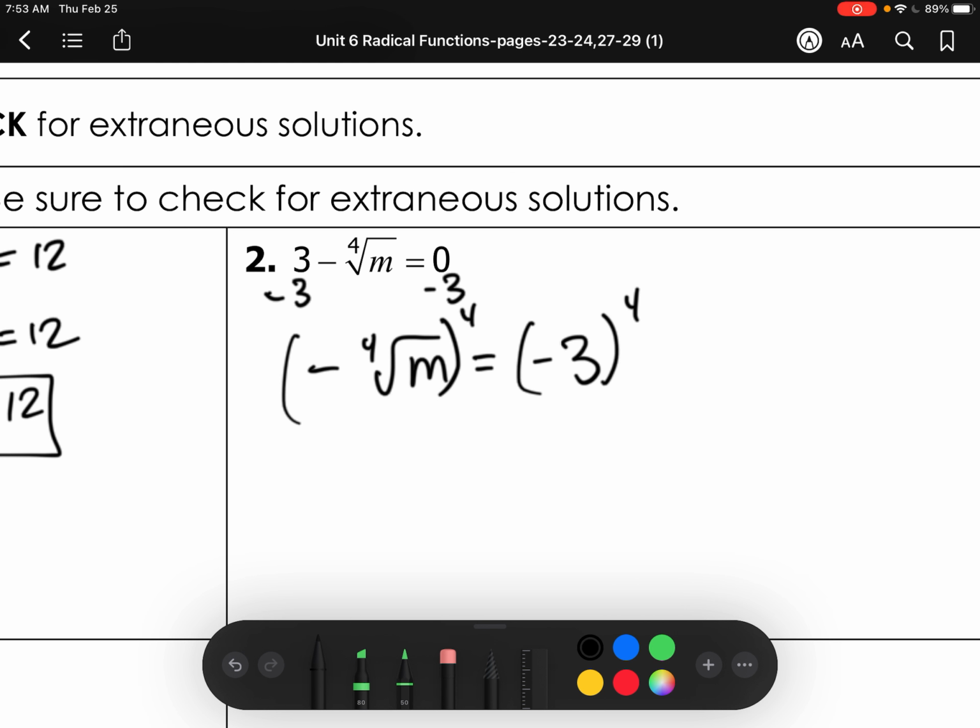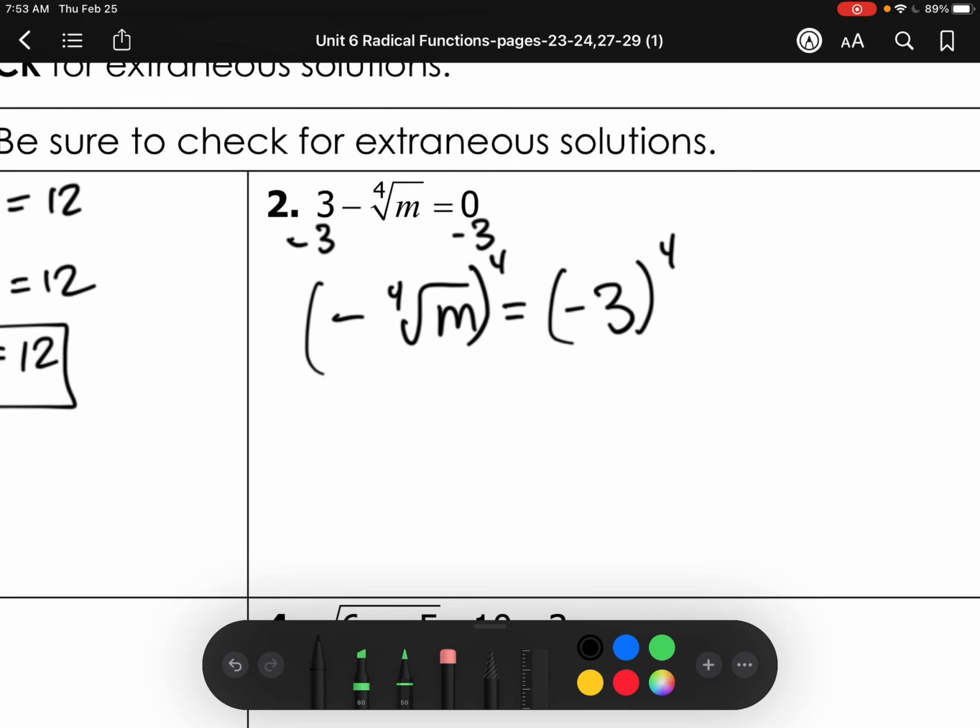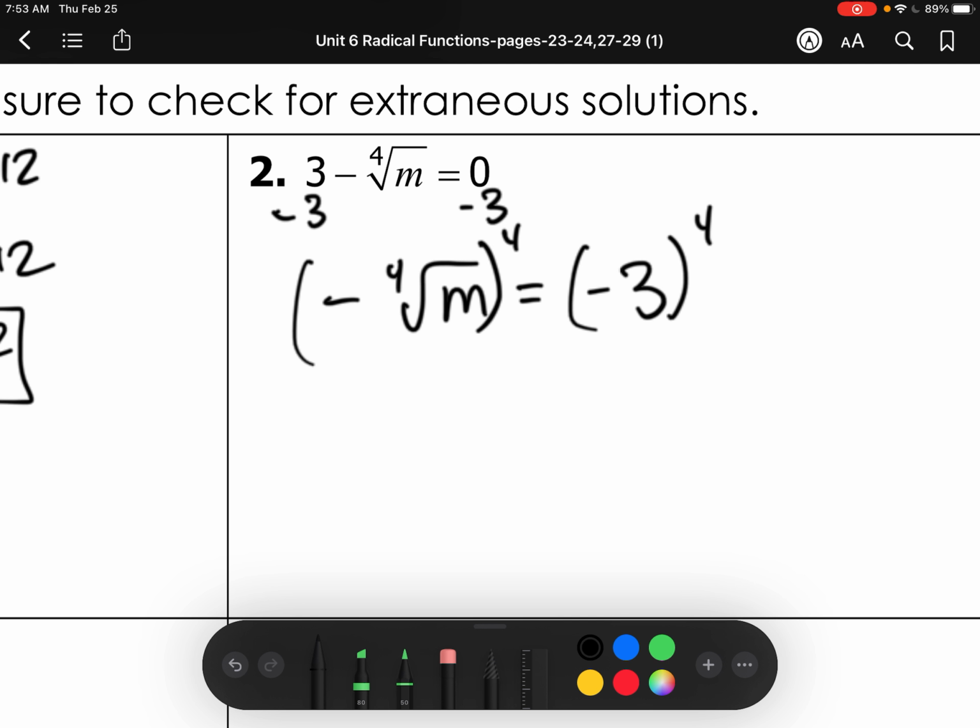And when I raise negative 4th root of m to the 4th power, it's getting rid of the radical, but I'm also going to write this out for you guys so you understand.